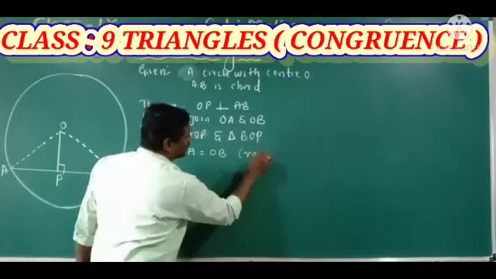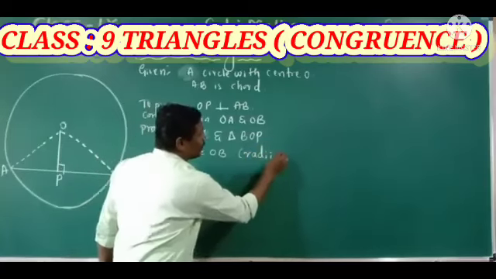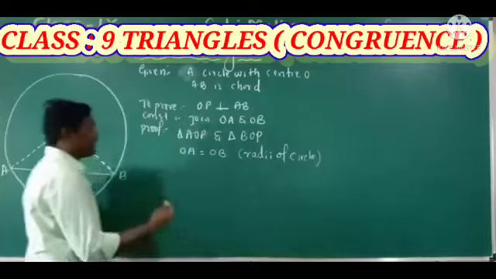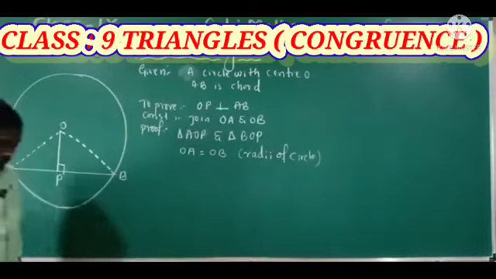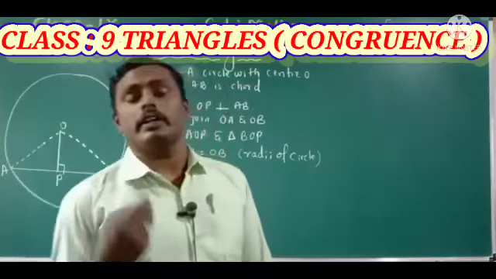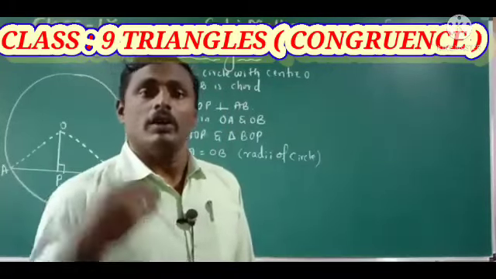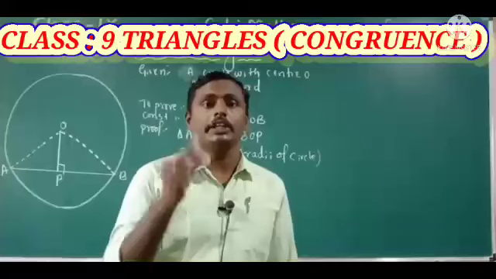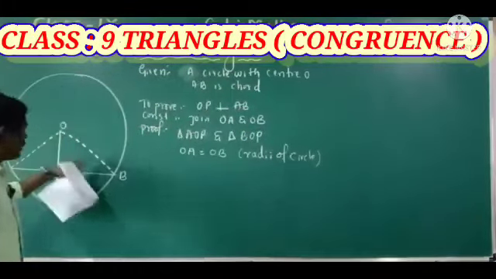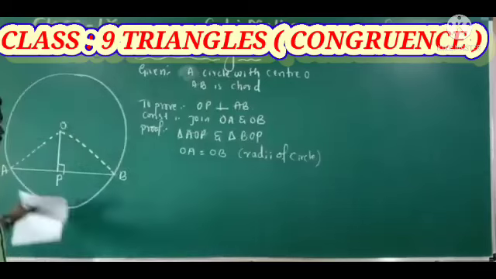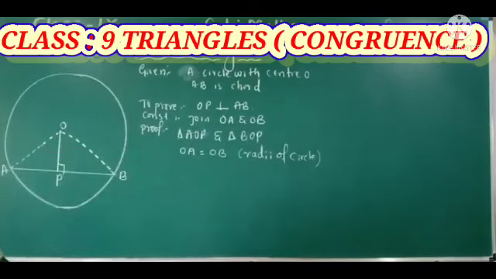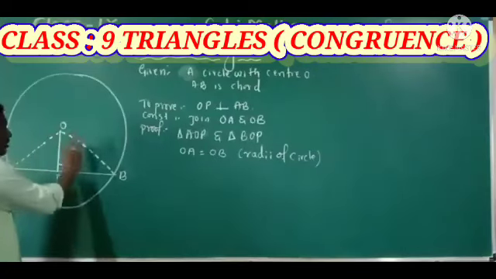What do you write as the reason here? These two are radii of the circle. In a given circle, if you draw an infinite number of radii, all of them should have the same length, because all these radii are equidistant from the center to the circumference. So OA is equal to OB here.